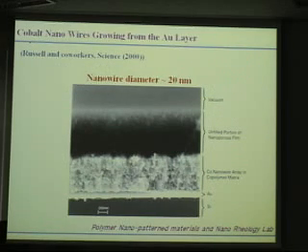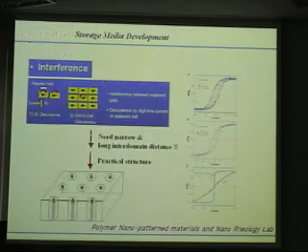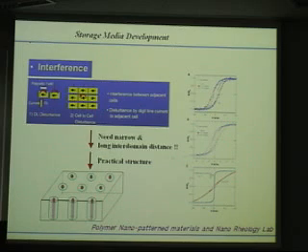T.P. Russell's group already reported the generation of a nanowire. Here the diameter is about 20 nanometers and the thickness is 500 nanometers. But the problem is that, of course, this is just our imagination. If we have nanowires here, the distance between two nanowires is too close and some interference happens.